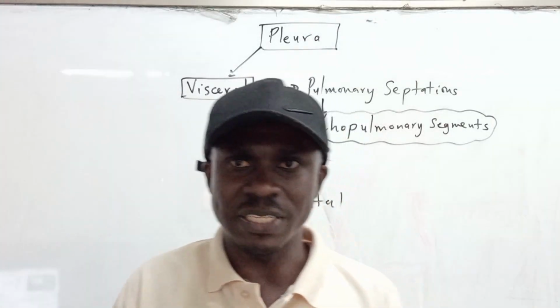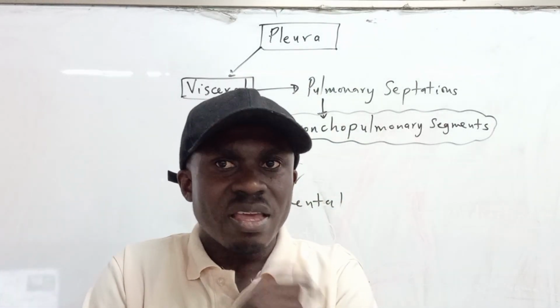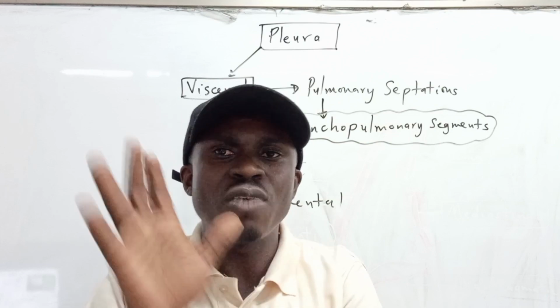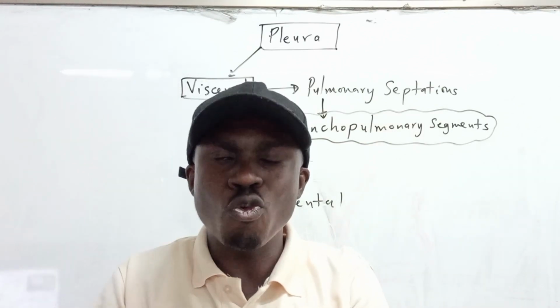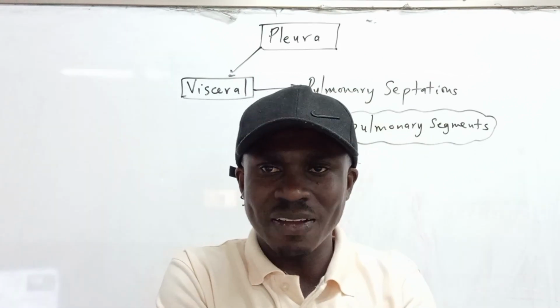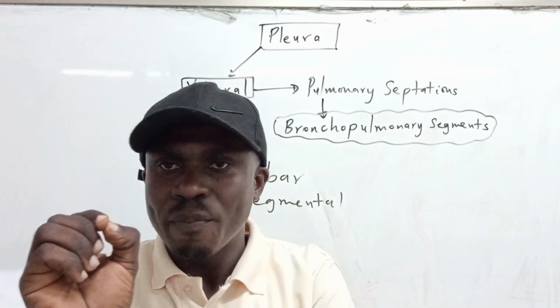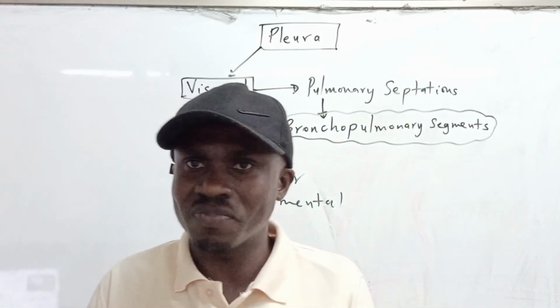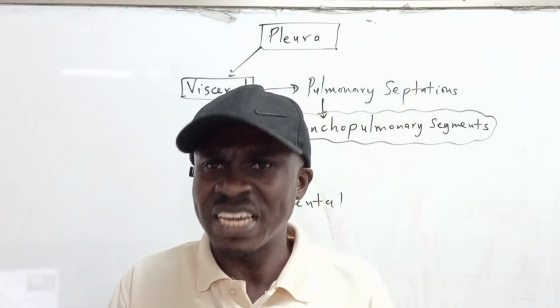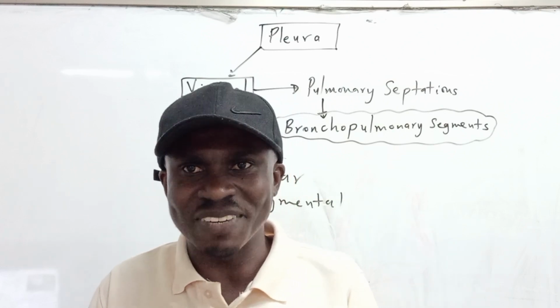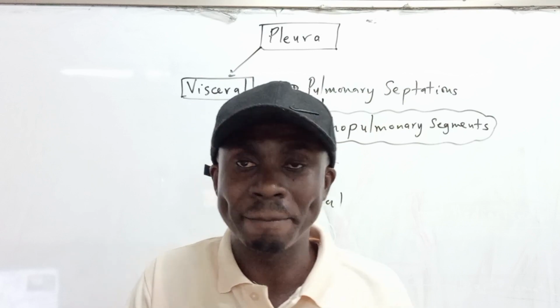So now let's think about it. If it is the right lung, we have 10 bronchopulmonary segments. It's as simple as that. But in the case of the left, it's variable. It can be 8, it can be 9, and because of anatomic variation, it can also be 10.